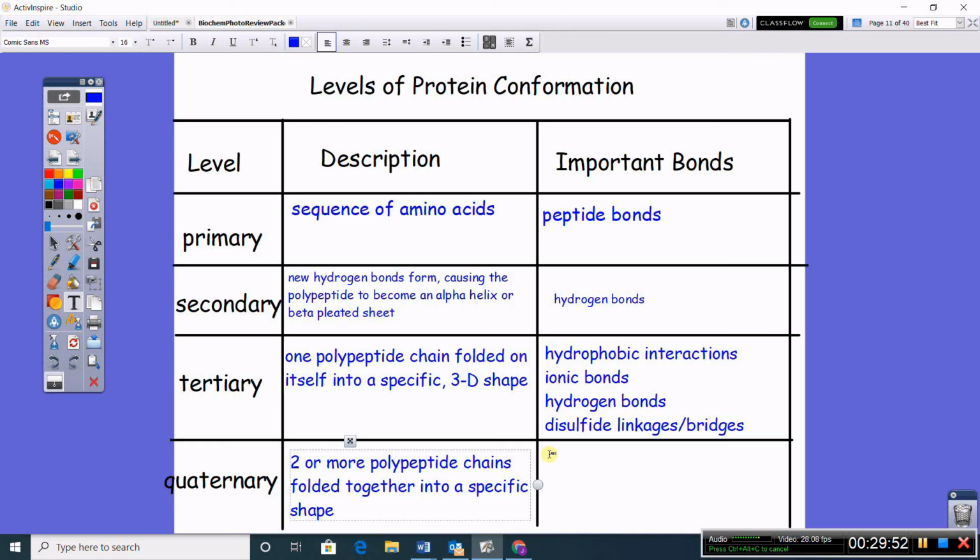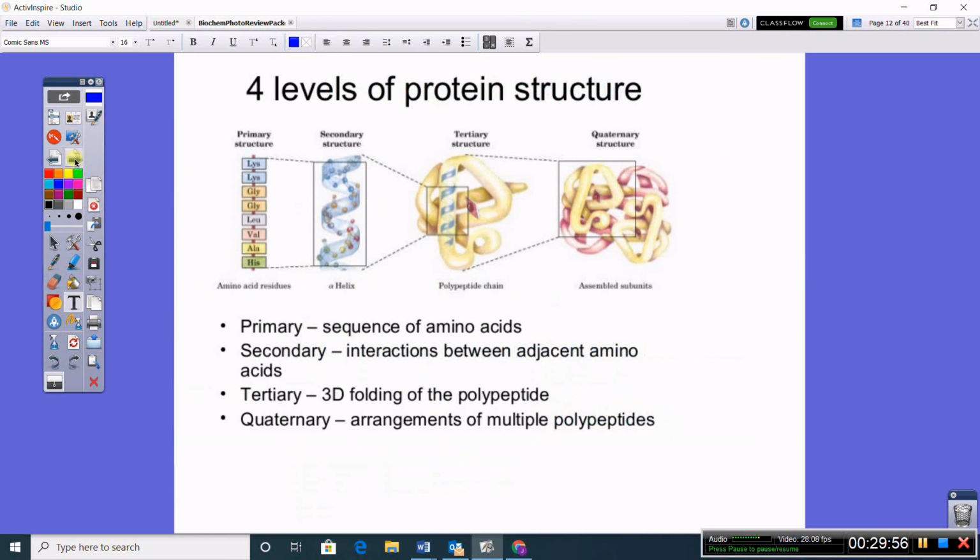And really no different bonds here than any of the other levels. So what that would look like is, if you look at something like this, it might be hemoglobin, where you have 1, 2, 3, 4 different polypeptides. So technically it's anywhere between 2 and 4 polypeptide chains folded together into a specific shape. Okay?